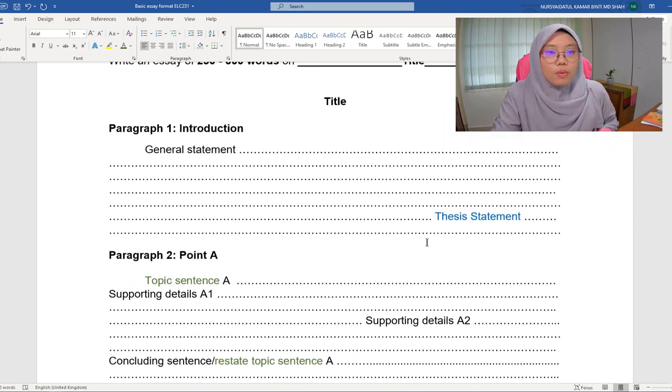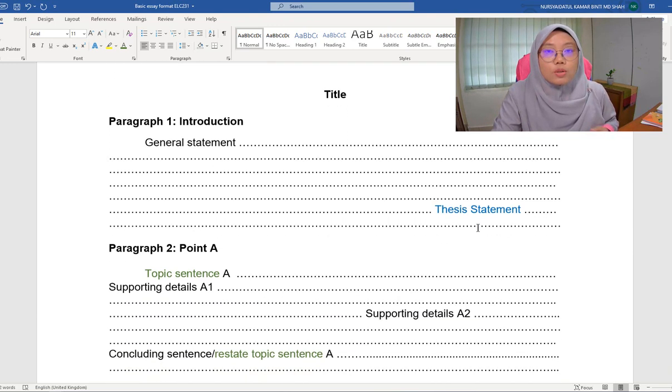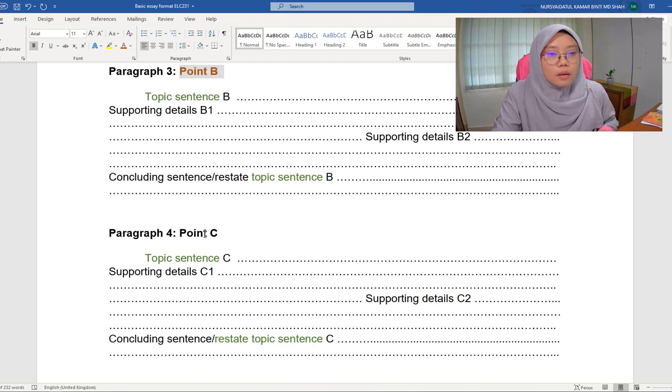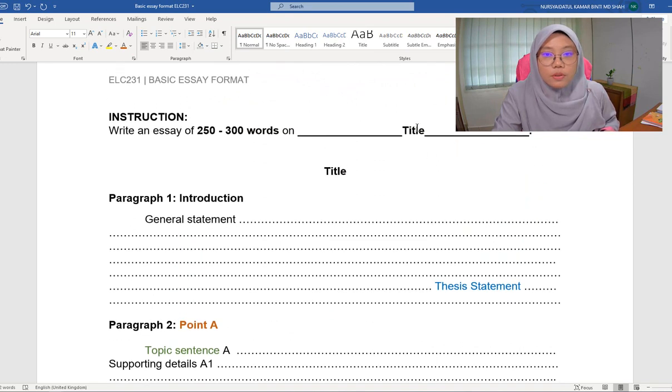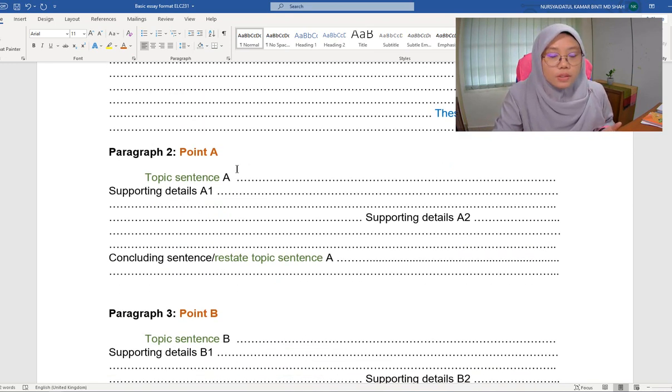Okay? Now, before you write your essay, obviously you need to brainstorm, right? Brainstorm for ideas. Brainstorming for ideas is very important, so that you manage to come up with point A, point B, and point C. So whatever topic is given to you, you need to be able to come up with ideas first.